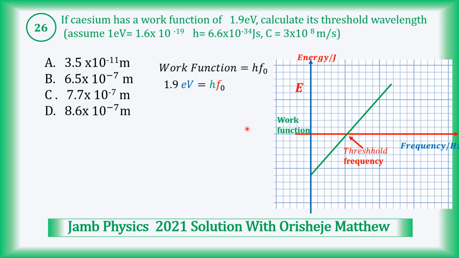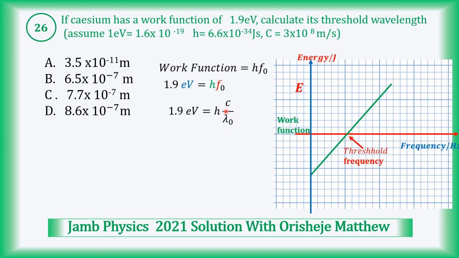We are given the work function, which is 1.9 electron volt. We are looking for the threshold wavelength. The threshold frequency is the same thing as the speed of light divided by the threshold wavelength.